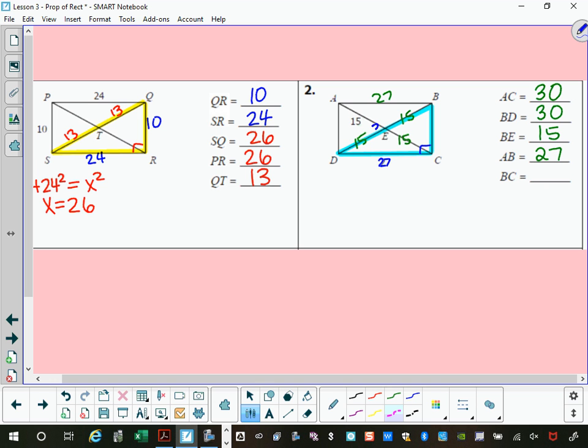This side is basically 30, right? I don't know what this is, so Pythagorean theorem. What's my equation going to be? X squared plus 27 squared equals 30 squared. You guys type this into Desmos and tell me what you get for X. Round to the nearest tenth.